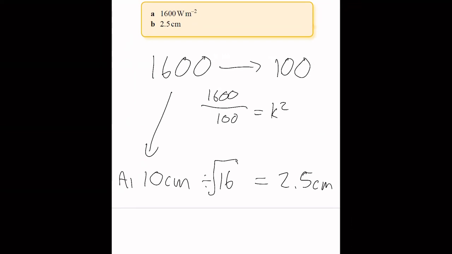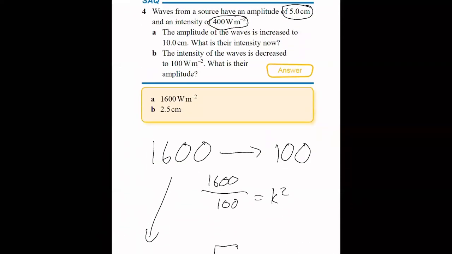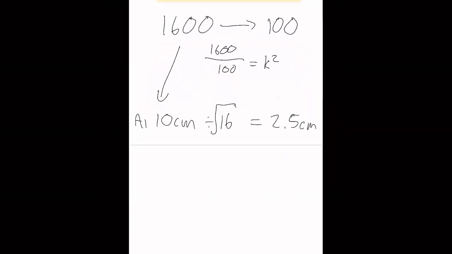You got the same answer because instead of scaling down the 400 to the 100, you scaled down the 1600 to the 100. So you could have also started with the amplitude being 5 and the intensity being 400, and you're absolutely correct. You would get the same answer. So what you did is you started up with the scaled up version. But yes, you would get the same answer if you used the other one.